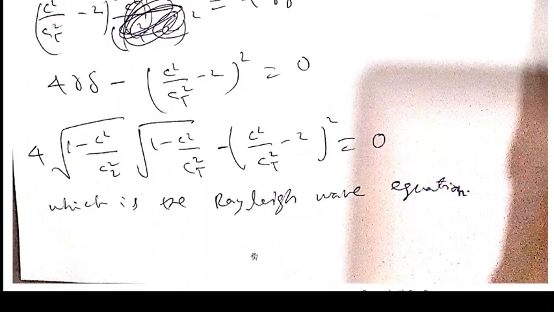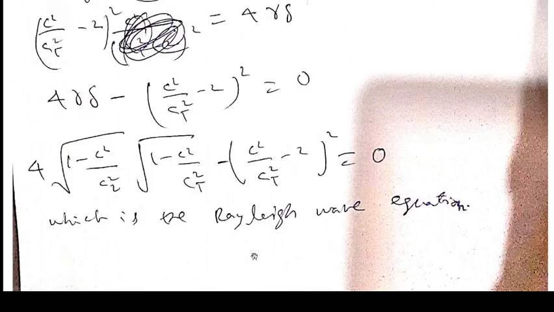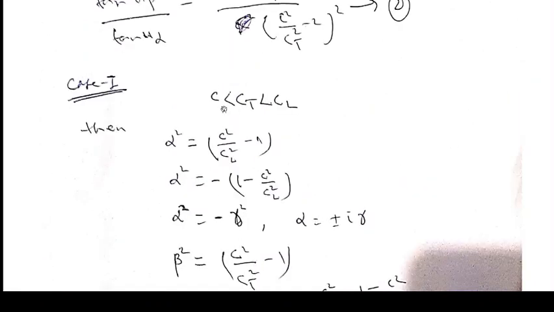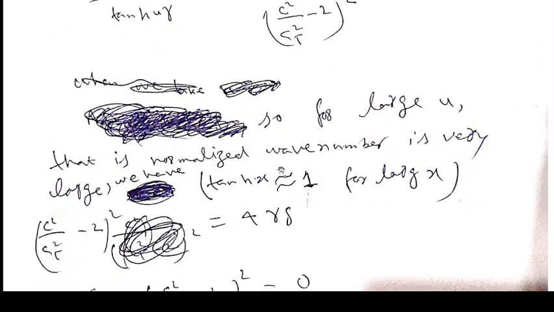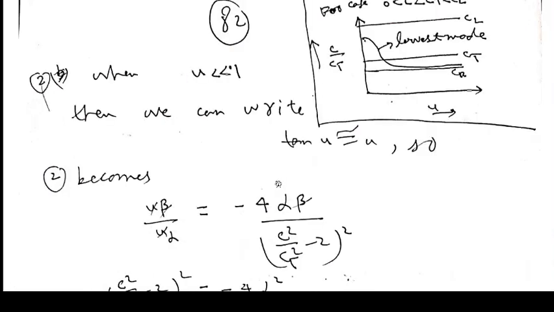This equation gives the value of CR, the Rayleigh wave speed. So it means that for this domain, our C approaches CR, and we know that the value of the Rayleigh speed is unique. So we can have this type of result.